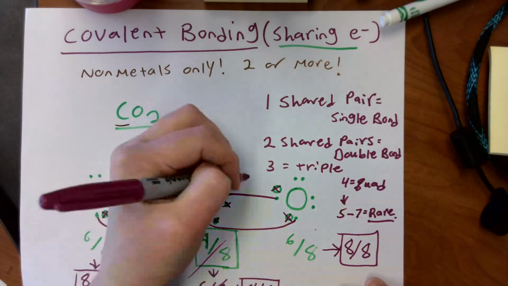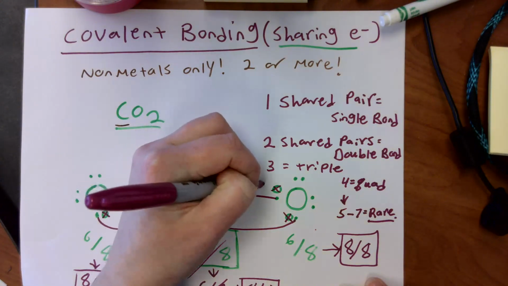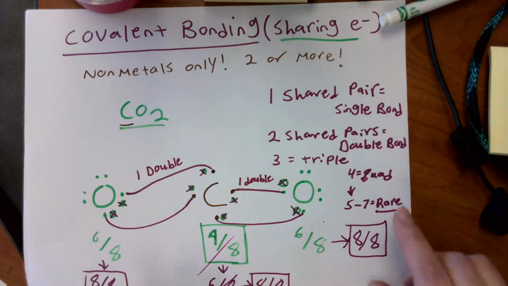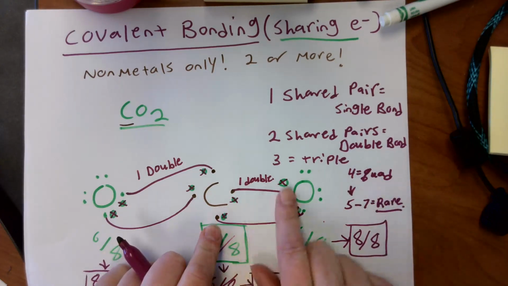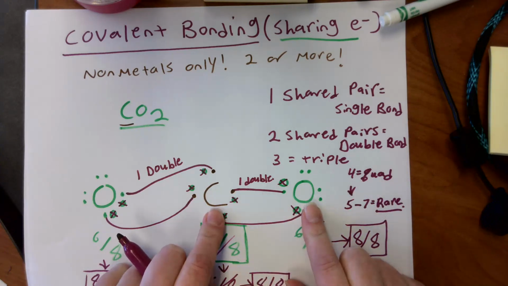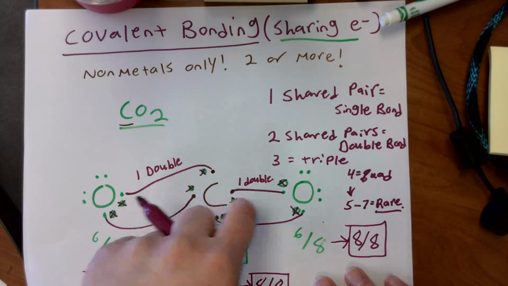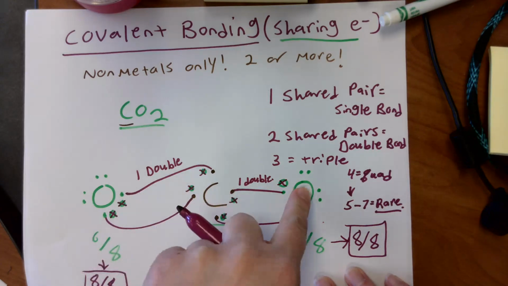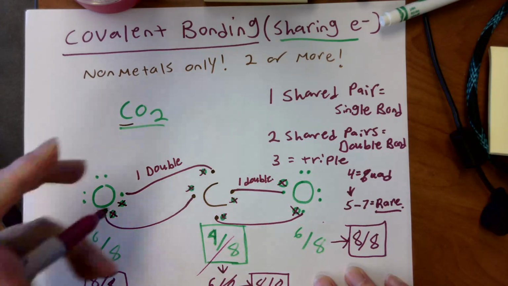And then over here, we have another double bond. We do not have a quadruple bond because that would mean we'd have to have 4 shared pairs between 2 elements. And that is not the case here. It is 2 between a carbon and 1 oxygen and carbon and another oxygen. Okay.